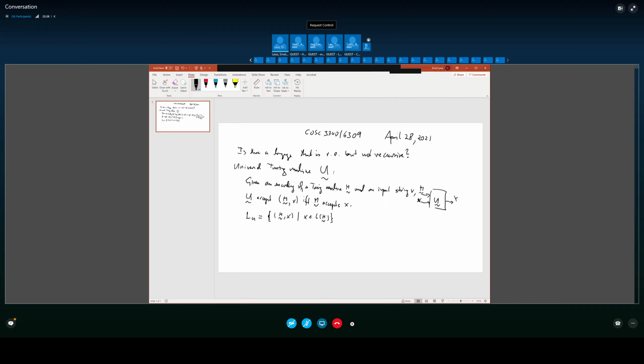But basically, for any Turing machine M and any input X, if X is in L of M, then it will accept that pair M and X. And now the claim is: LU is recursively enumerable, but not recursive.